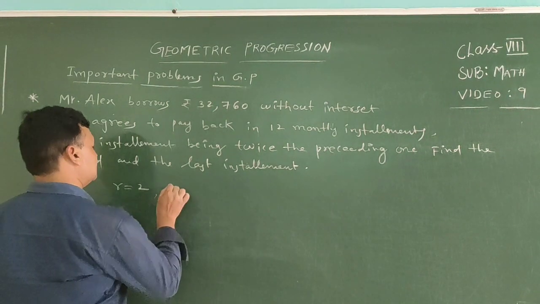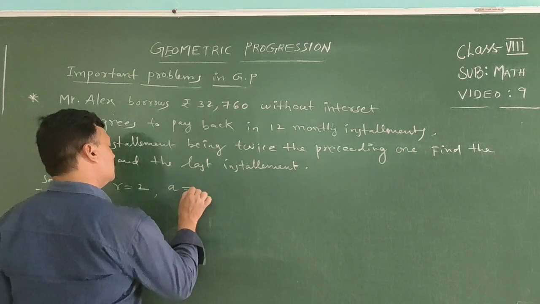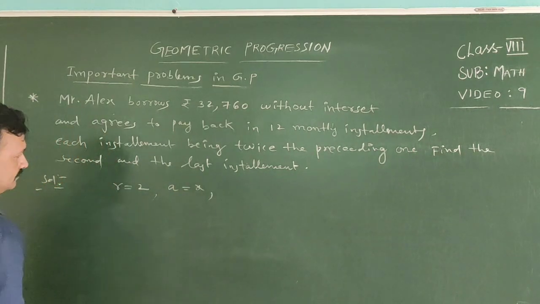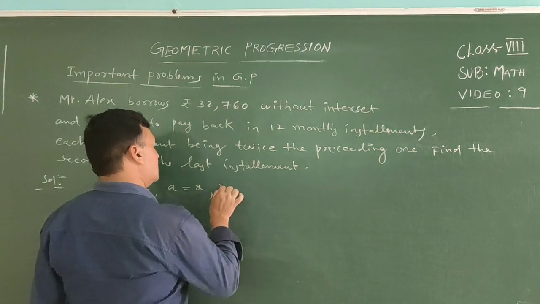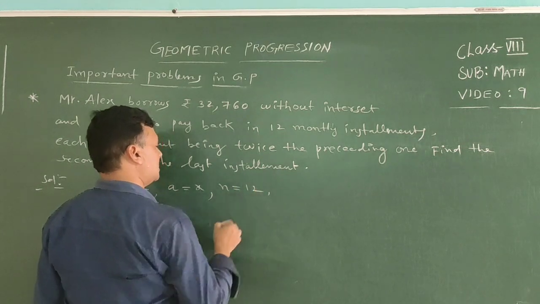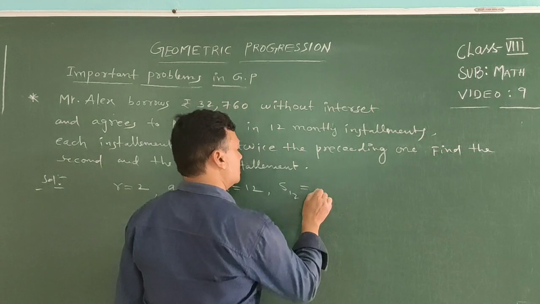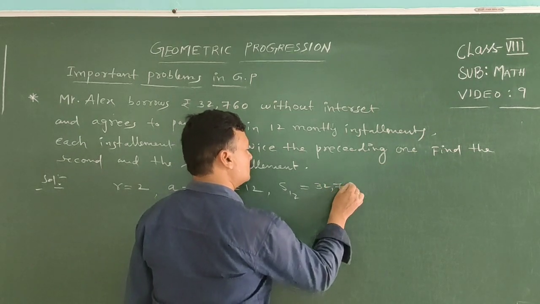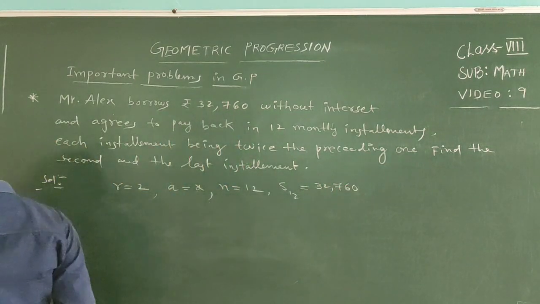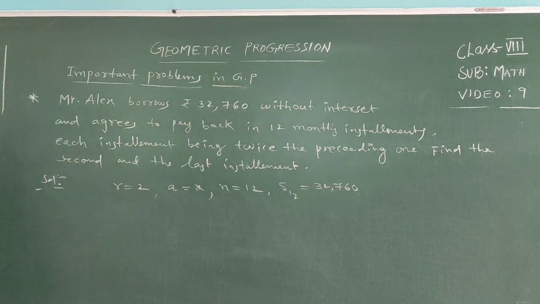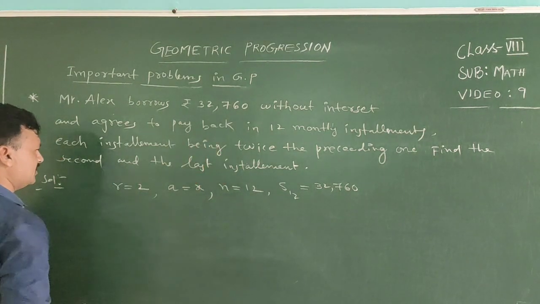We don't know the first installment, so A equal to X. In 12 installments, that's why N equal to 12, and S12 equal to 32,760. We need to find first of all A, then we can find second and last installments.